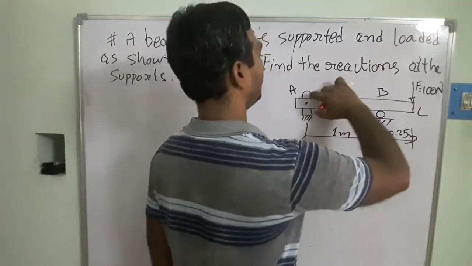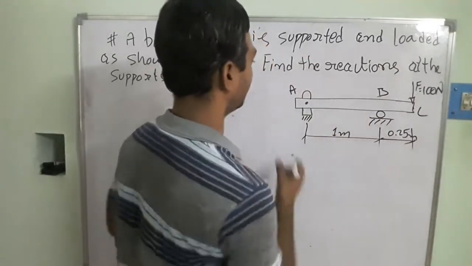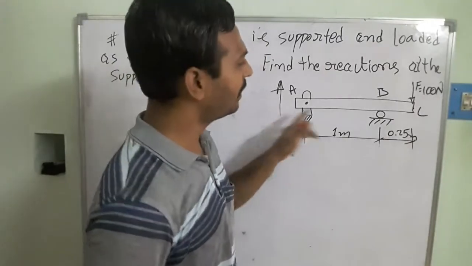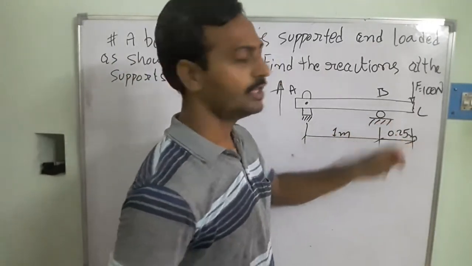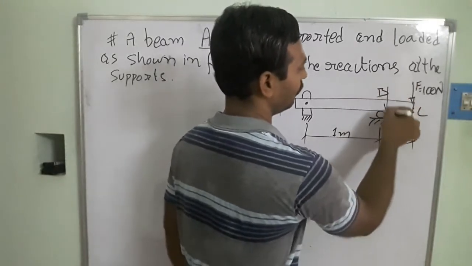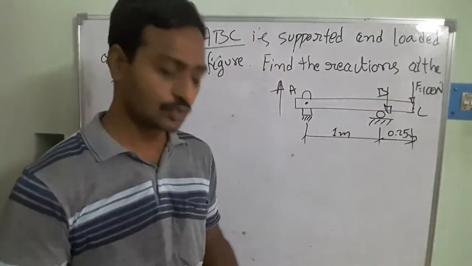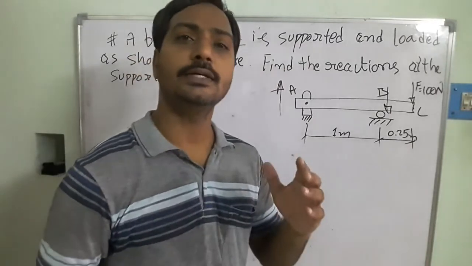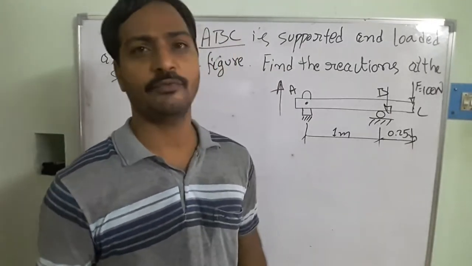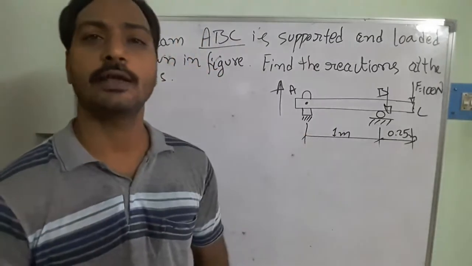At the same time, the load is acting in this direction, so the position at B is trying to move in the downward direction. Once we find the virtual displacement of the beam, we can draw the free body diagram very easily.